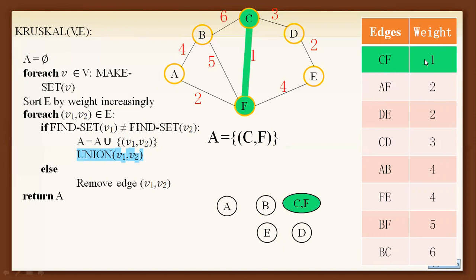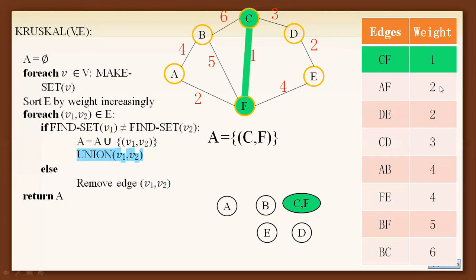Next we identify the next minimum weighted edge. There are two edges which have the same weight, namely A to F and D to E. A to F has weight 2, and the D to E edge has weight 2. So the edges A to F and D to E have equal weights or cost.